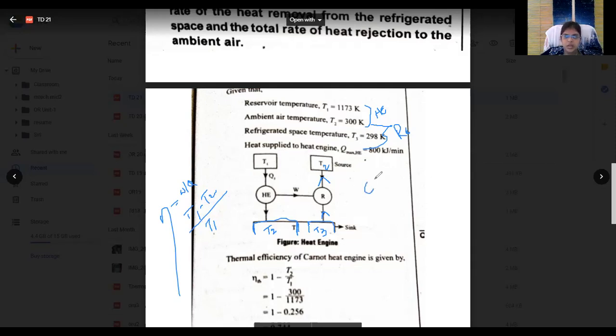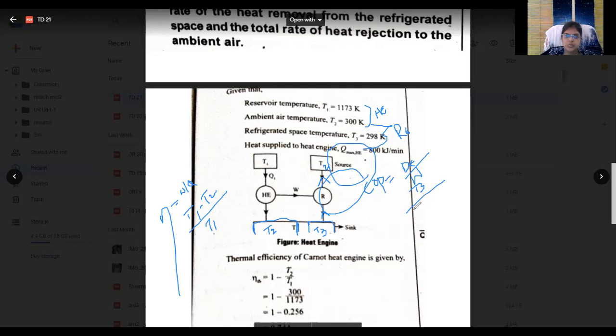In the same way, for refrigeration we calculate the coefficient of performance. The coefficient of performance is nothing but the desired effect to work done. In refrigeration, our desired effect is at the sink only, so that is T3. T3 divided by the work done, which is the difference of temperatures, because here there is no heat supplied and heat rejected.